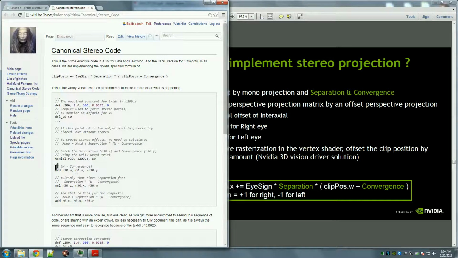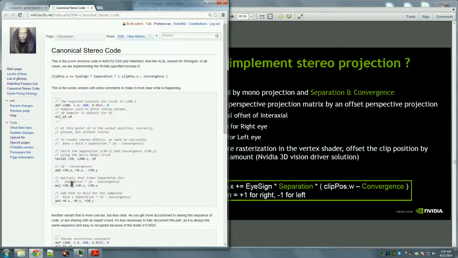So in this case, we want to do W minus convergence parameter. If R0 is our output position that needs to be fixed, then we add these two parameters together to get W minus convergence. So it's adding a negative number of the minus convergence, and puts that into W back. Then we want to take this clause and multiply it by separation. Separation is R30.x, and we multiply that by what we just created, the R30.w, and put that into R30.z.